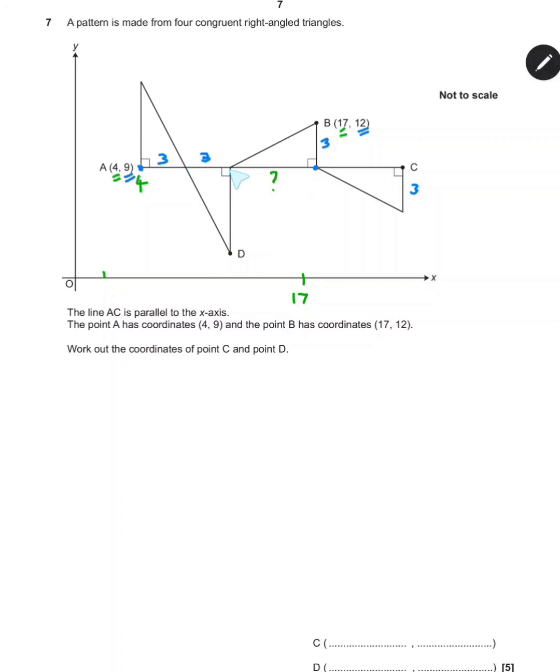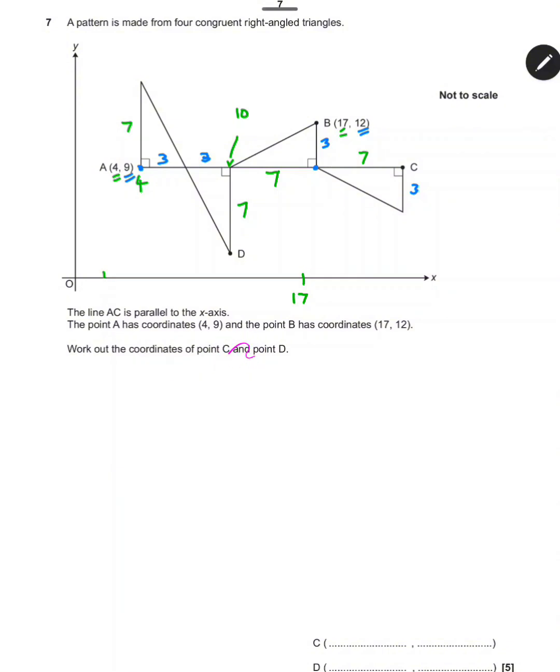Moving across another 3, that takes us to 10. So at this point here, we're across to 10. And from there to here, we're going across to 17. So actually this distance is 7. And I'm going to do the same thing I did with the 3. Put a 7 anywhere I've got the height of that triangle.